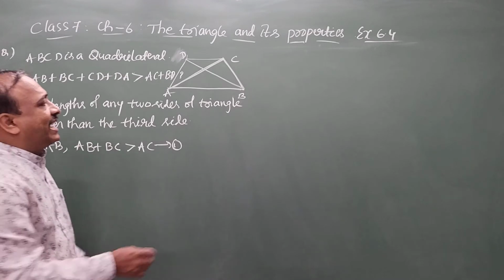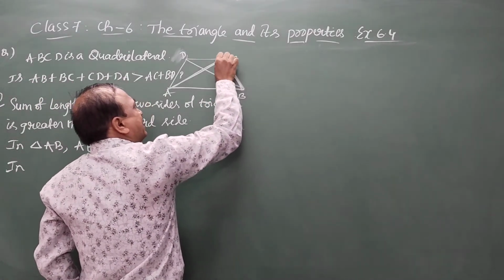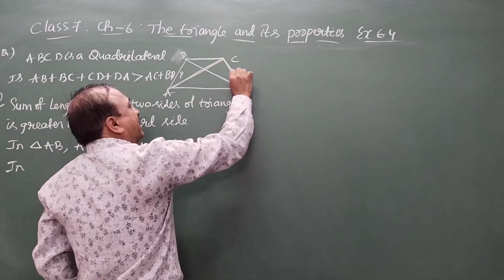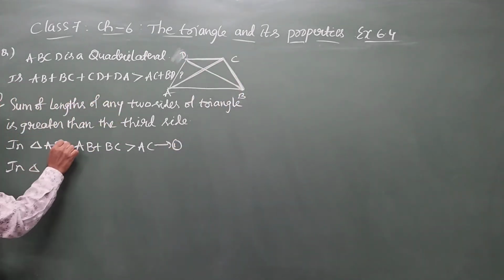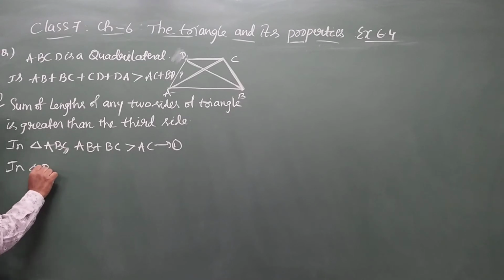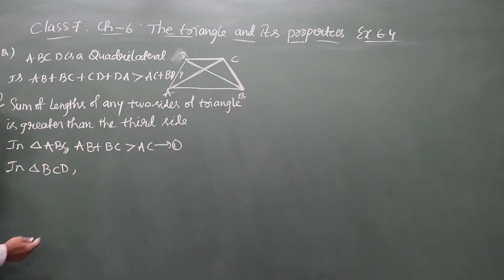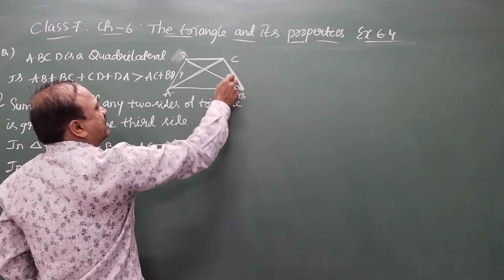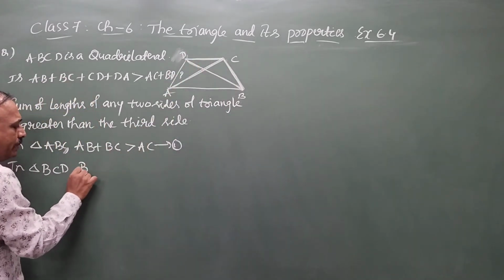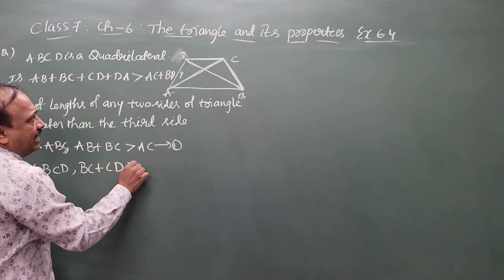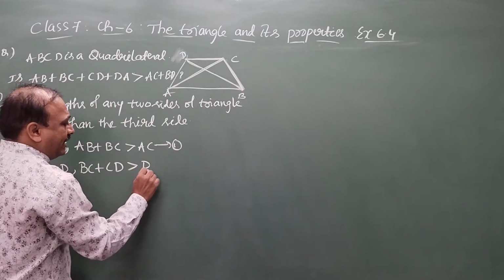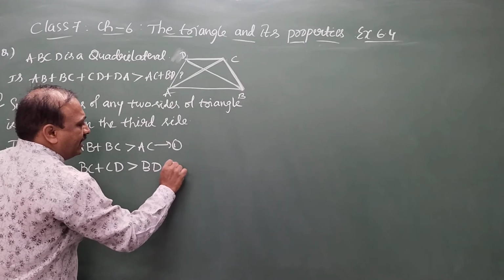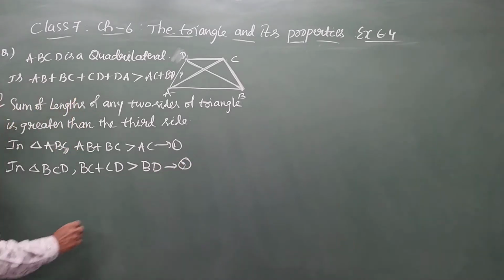Now I am using triangle BCD. BC plus CD is greater than BD. This is equation 2.